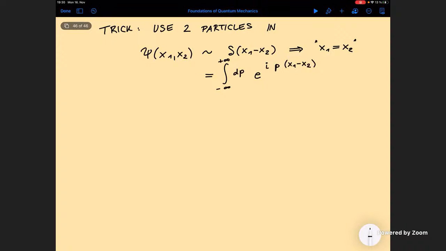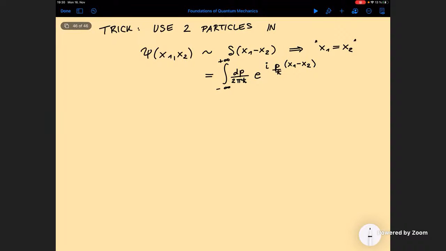Now, this is still something that doesn't completely work. If p has the dimensions of a momentum, to get these things right, you should divide by h bar and divide by 2 pi to get normalization. But these are details. So at least at first, it's simply a mathematical identity. It's correct. But you can also interpret it in the following way.